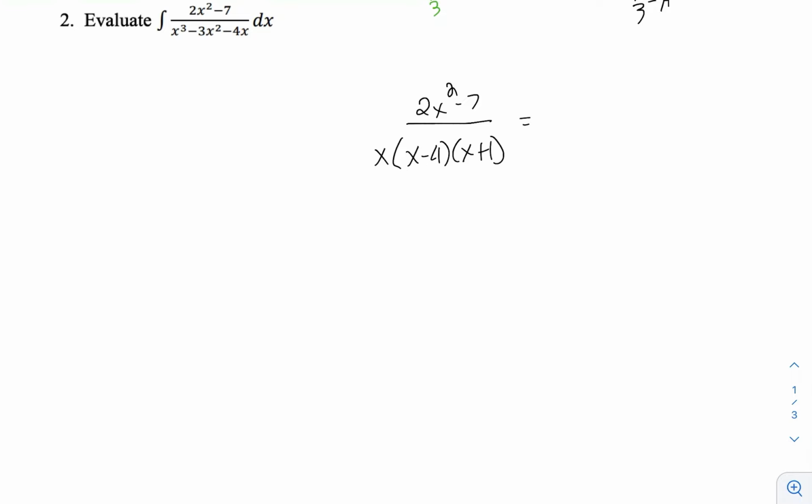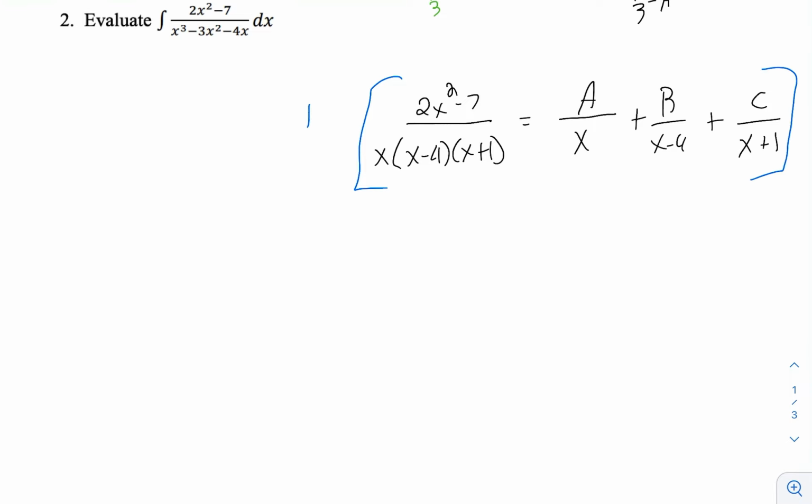And that equals, now we just put a variable over each term: a over x plus b over x minus 4 plus c over x plus 1. Again, what we'll do is multiply everything by that common denominator. So we're going to multiply everything in here by x times x minus 4 times x plus 1.